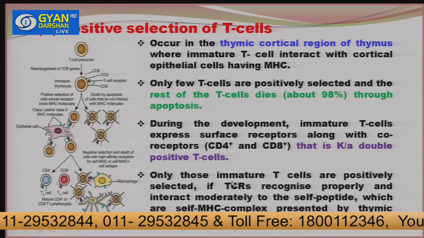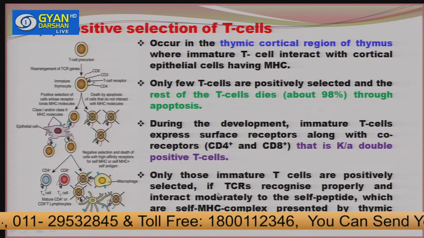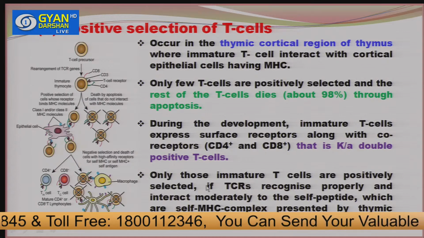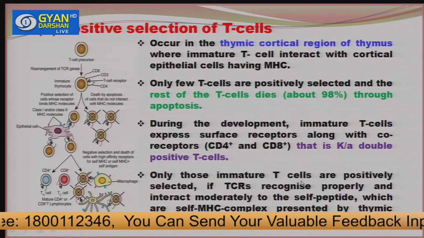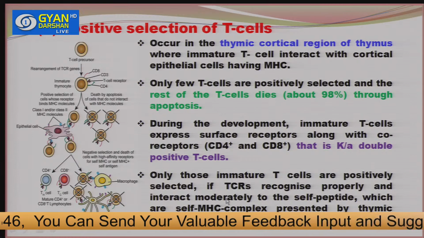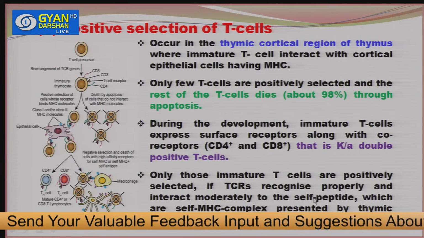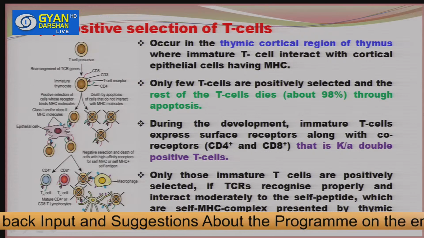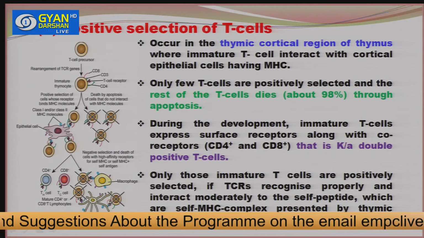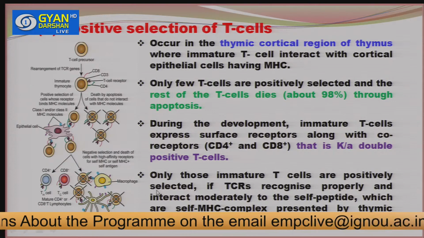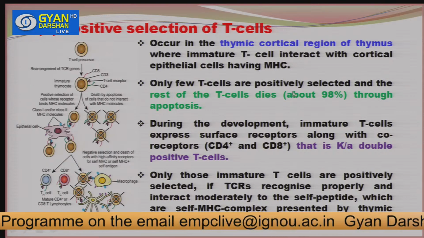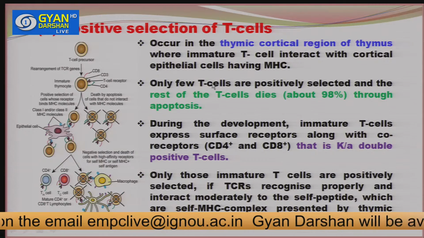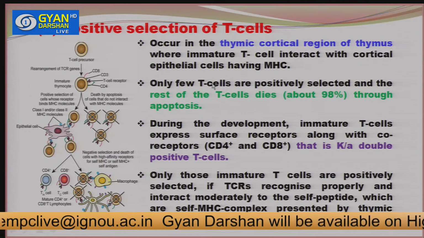Only those T cells are positively selected if the TCR recognizes properly and interacts moderately with the self peptide, which is the self MHC complex presented by the thymic cortical epithelial cells. So it is a very important process involved in the positive selection of the T cells.